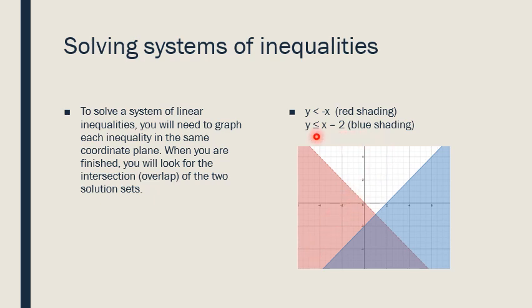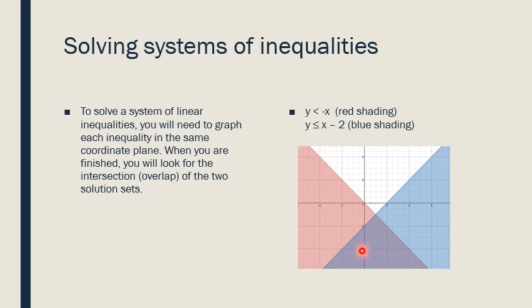Then I graphed the equation y equals x minus 2, that's the blue line, and because it has the equal portion in the inequality sign, I used a solid line, and I shaded below the line because y is less than. So I've done one in blue and one in red, so the overlapping area is easy to see. It's this purple section right down here.